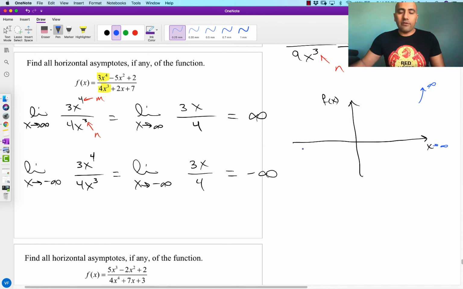And as I input values of x that grow toward negative infinity this way, then I know that my function is going to go toward negative infinity, so it's going to have some sort of behavior this way. What happens in the middle, I don't know. Maybe it goes up and down and does weird things, I don't know. But I definitely know that this is how it behaves as x grows toward positive infinity or negative infinity.